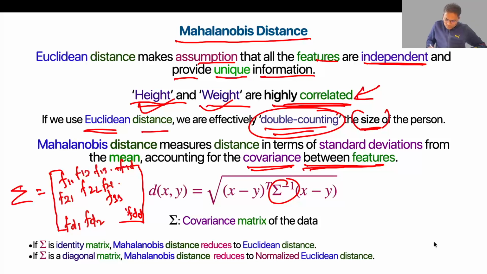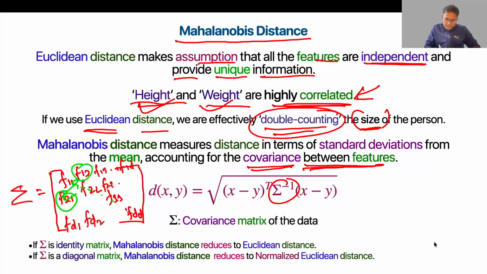This value F12 and F21 will be the same. This is the covariance of feature 1 and 2, and all of these on the diagonal are variances, the variance of a feature with itself.